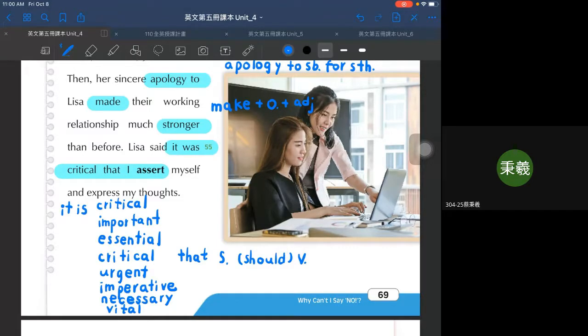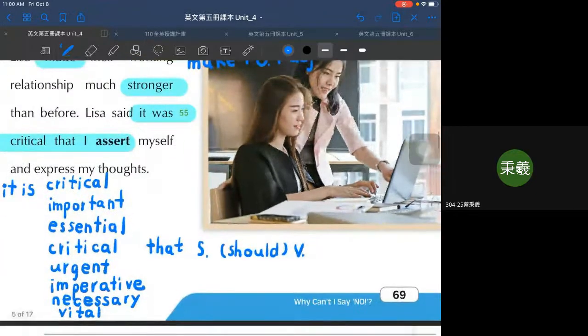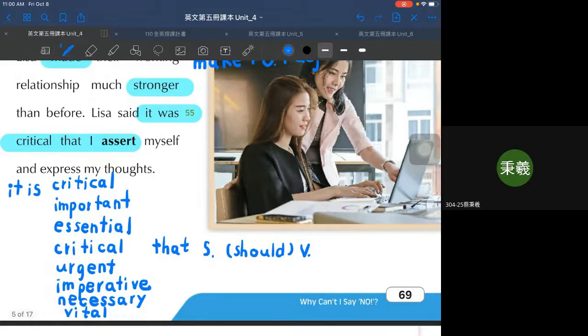Mostly we'll omit the word should. So we can say it is important that someone do something, it is essential that someone do something. Or we can also use words like urgent, imperative, necessary, or vital. These are strong adjectives that you can use to give your order or demand that someone do something for sure.